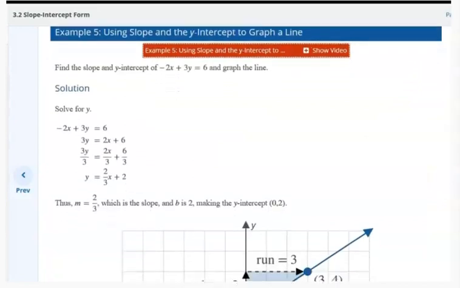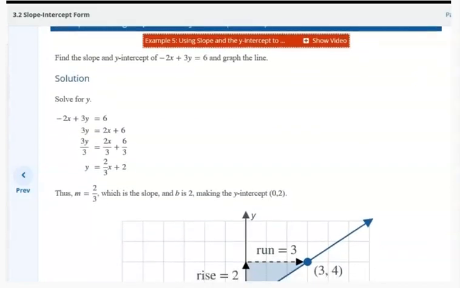Okay, in your notes, example 5, they're asking us to take this equation and follow along, write it up, negative 2x plus 3y equals 6. That's in standard form, and now solve for the letter y.